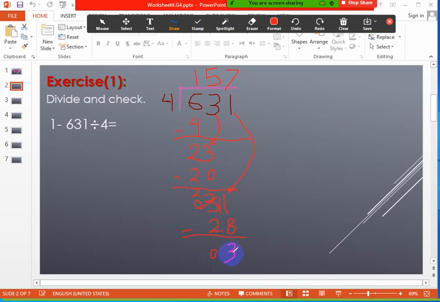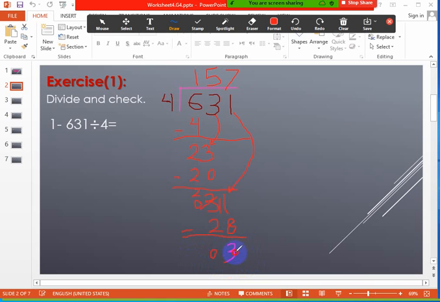So this number is a number left with me. What did we name this number? Remainder, right? We named this number a remainder.